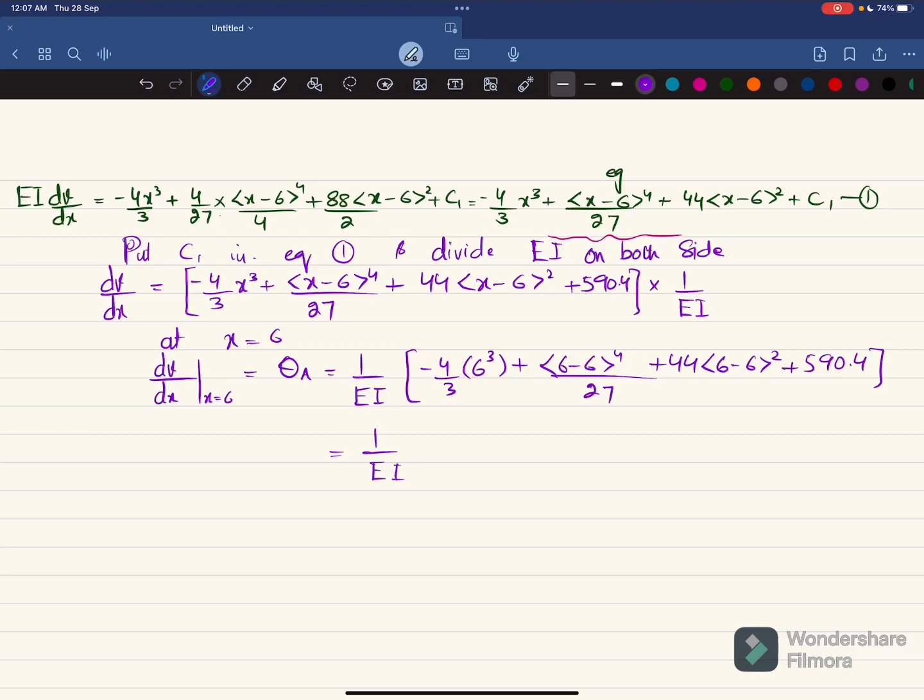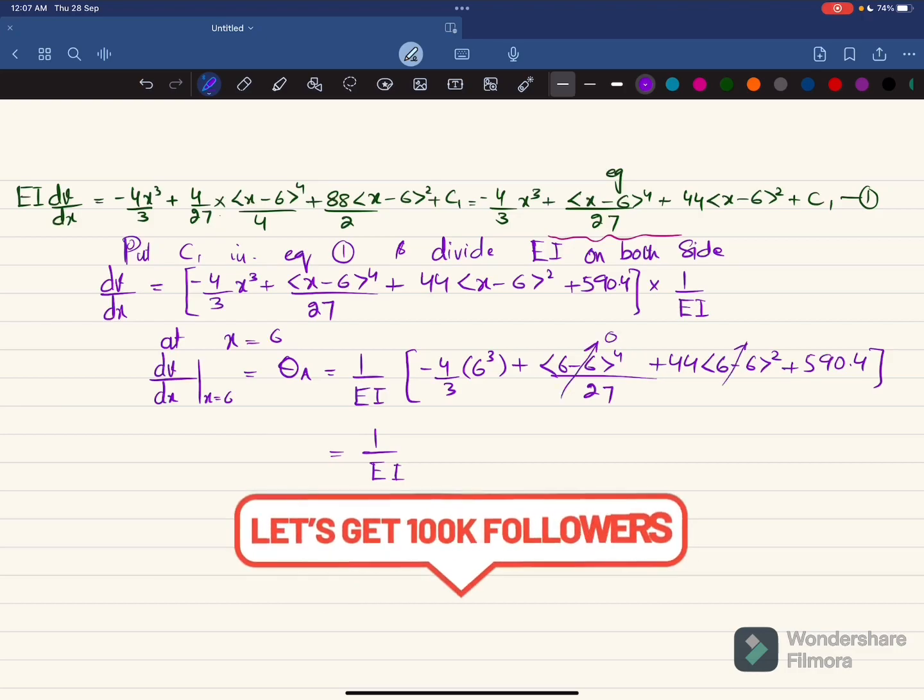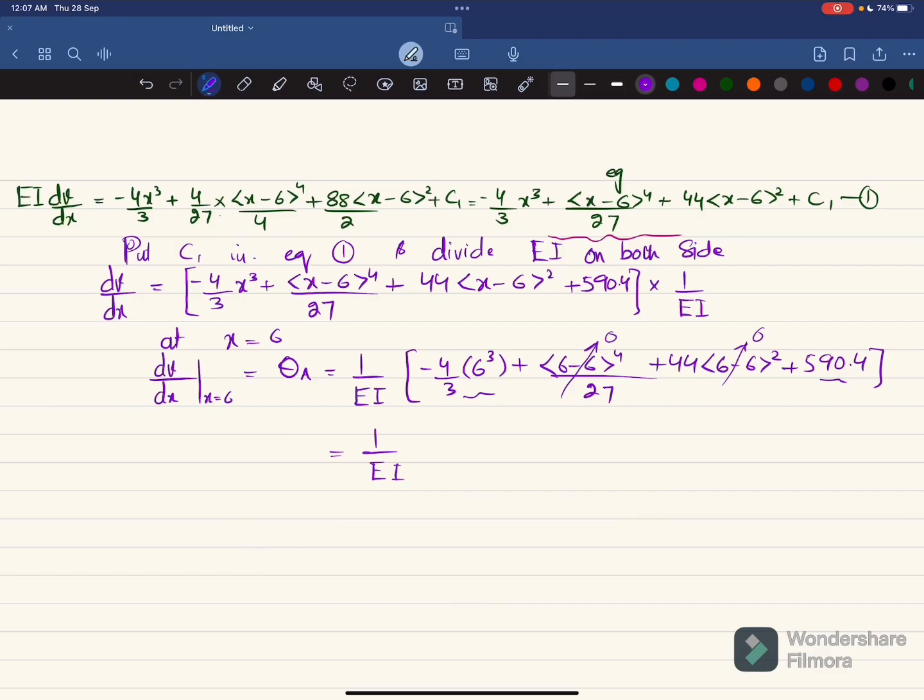So this 1 over EI is clear, and this term will be 0, this term will be 0, and the sum of this term and this term will give you 302, and the unit will be kips into cubic feet square, theta A. Okay.